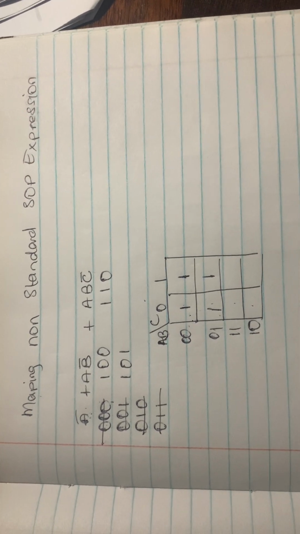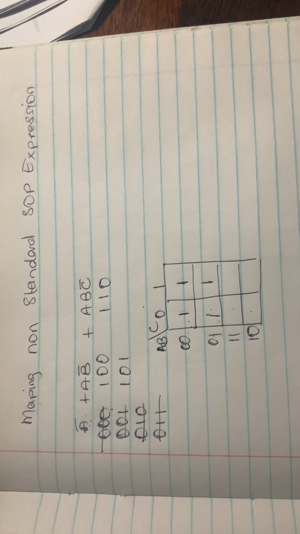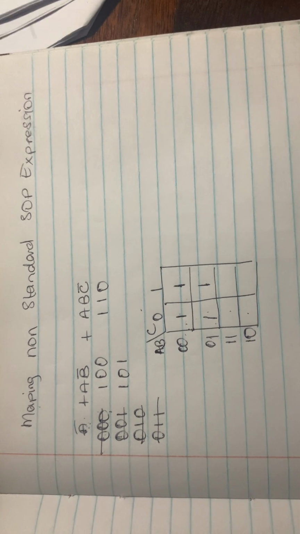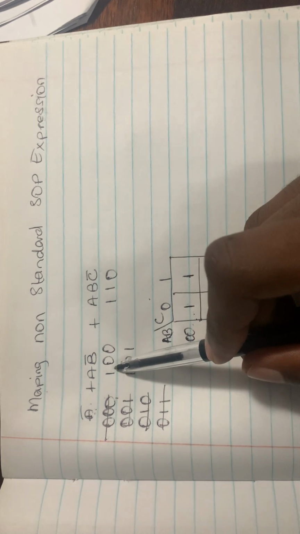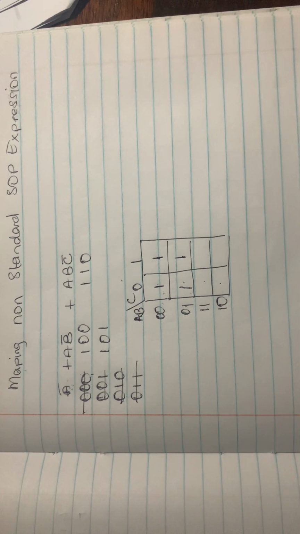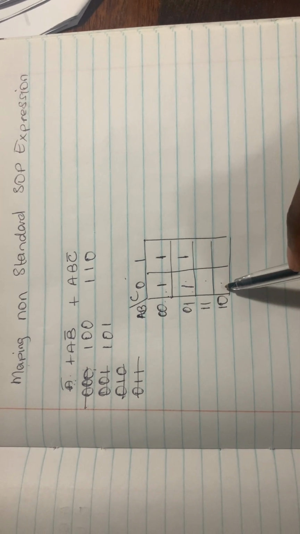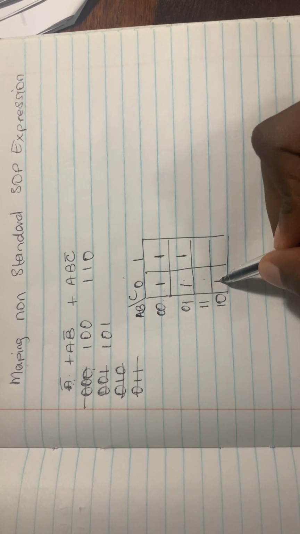Okay, so now we are looking at the space where AB is 1, 0. Now AB is 1, 0, but C is 0, so it will be this space.